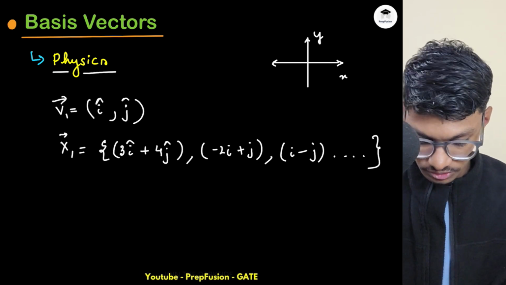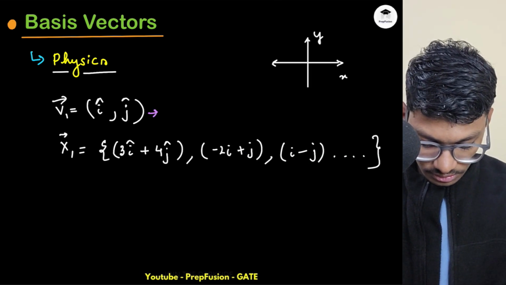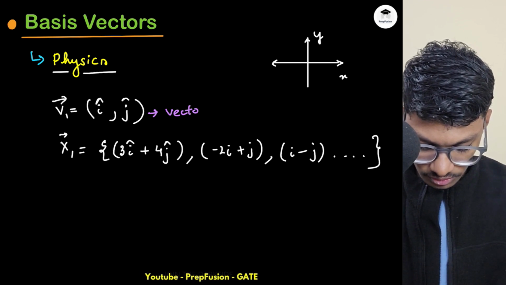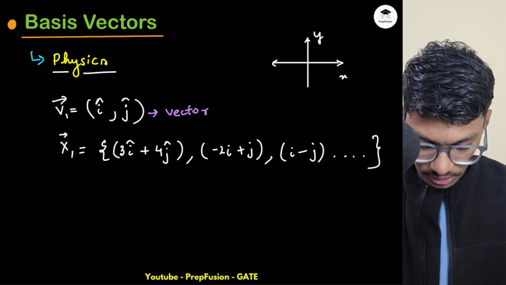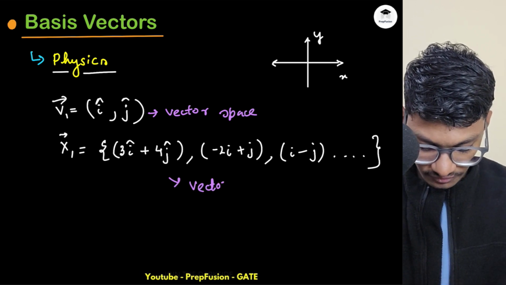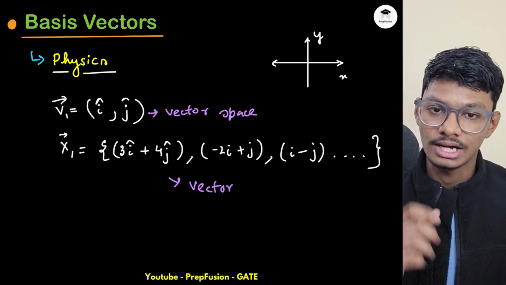So this is also a vector space, and this is also a vector space. But what is the difference? The difference is, in the first one, the number of vectors is much lower.